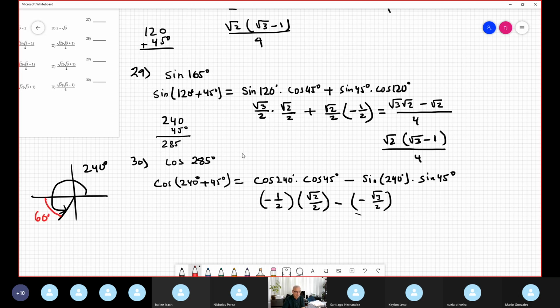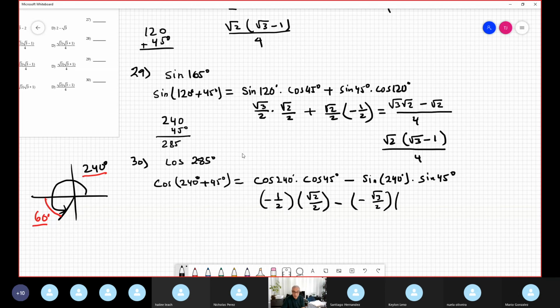So any trigonometric function for 240 and 60 degree have the same value, not the sign, but the value. So you take 60 as reference. Cosine 60 is 1/2 and sine 60 is radical 3 over 2.